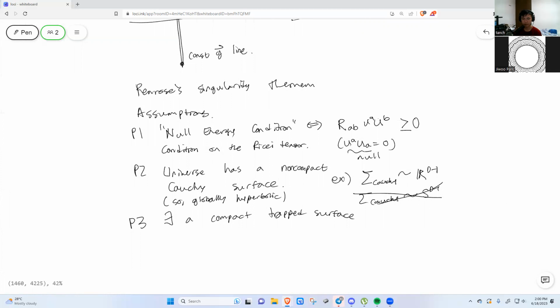By the way, it's very rare in relativity that you would deal with a non-globally hyperbolic universe. But anyway, P3 says there exists a compact trapped surface. Let me explain what that is.